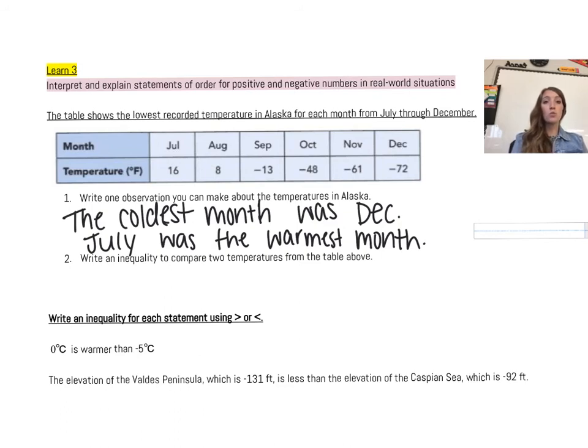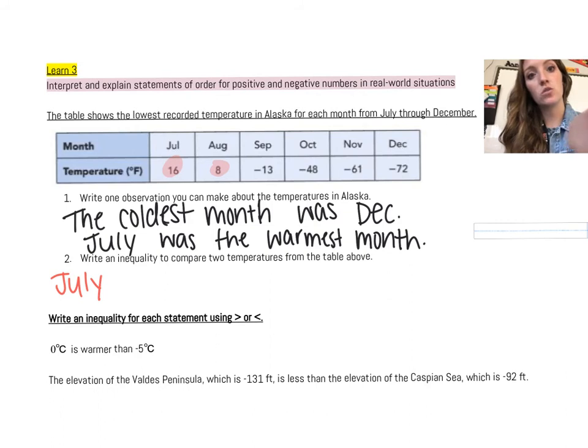For number 2, we want to write an inequality to compare 2 temperatures from the table above. So let's say I wanted to compare July and August. Actually, I want you guys to use the temperatures. Let's use the temperature values that they give us.